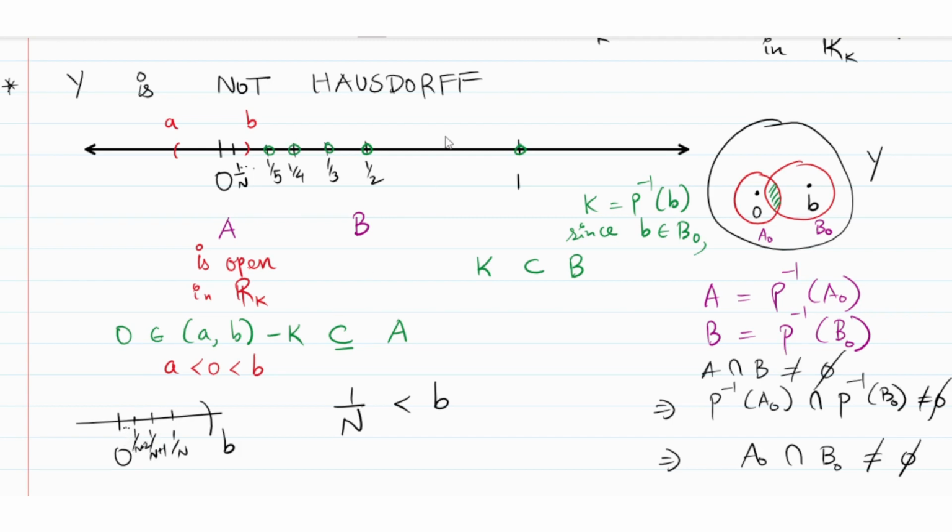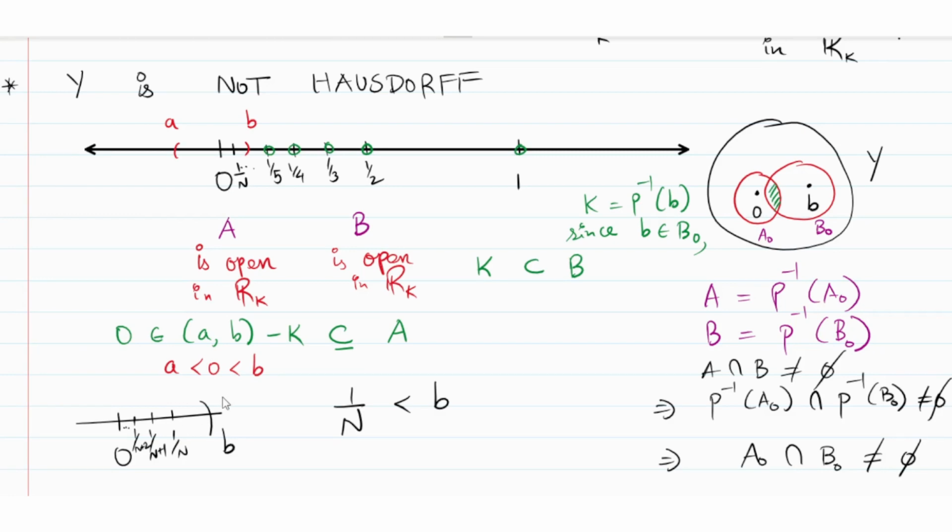Now, since B is open in Rk, because we took B0 to be open in Y, B is automatically open in Rk, and hence there is a basis element that contains 1 by n and is entirely present inside B, right?